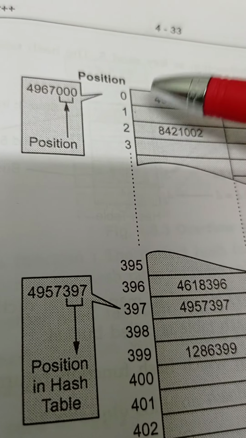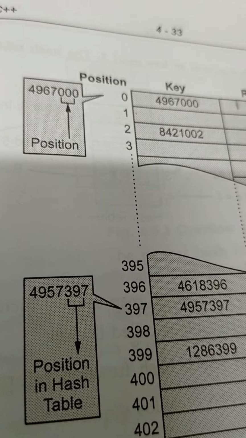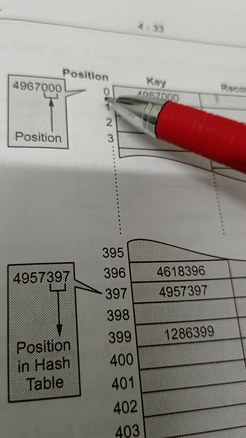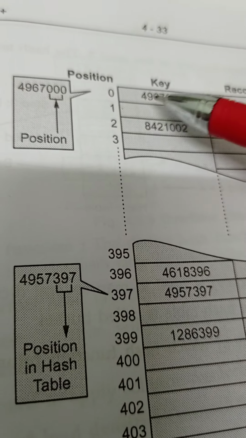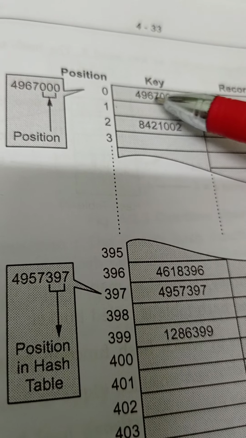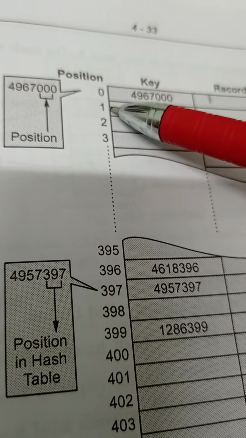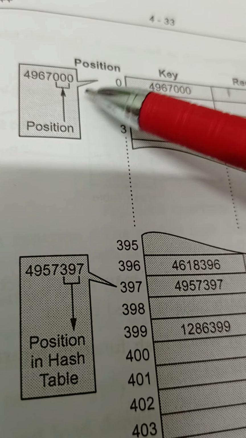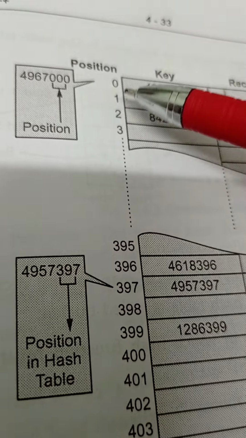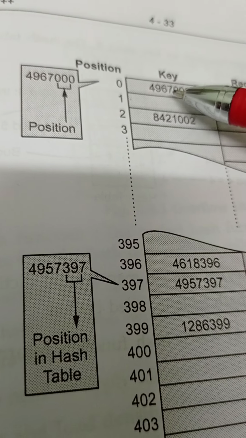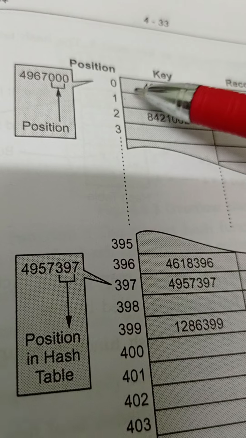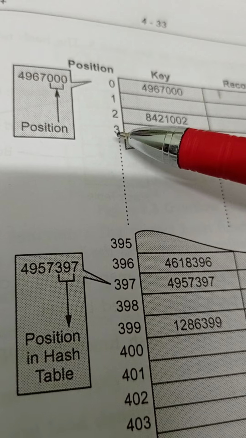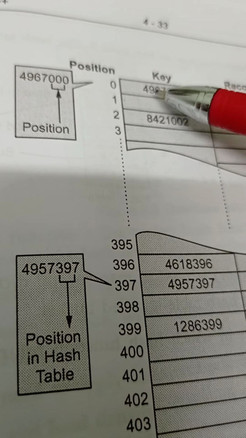Therefore we'll store this data, 496700, in the zeroth location, so that we can store the data easily, and if we want this data, we can retrieve it easily. By using the three digits we come to know where to store it. Suppose we want to access this data: knowing the data, we go to that location and retrieve it. This is the concept of hashing.